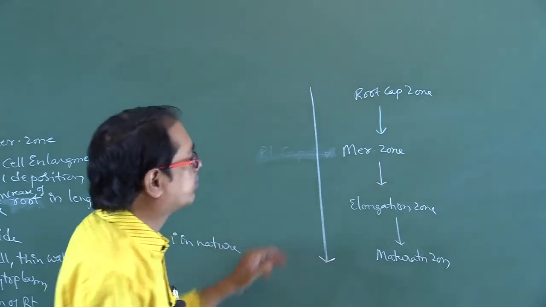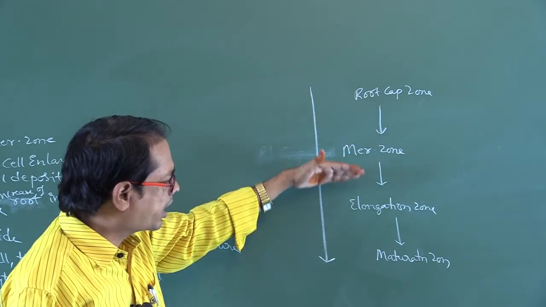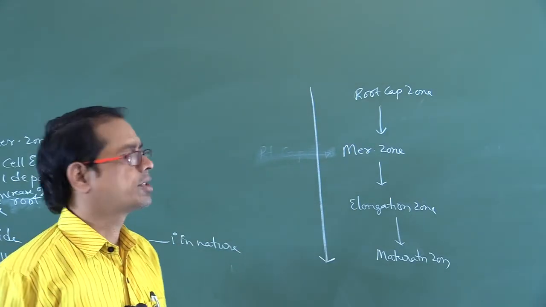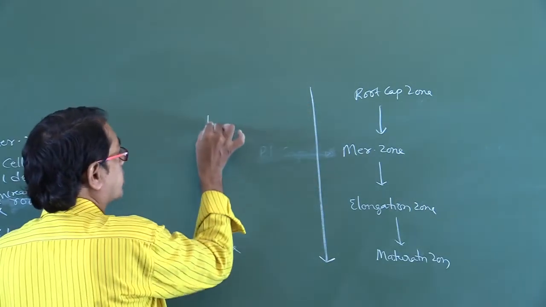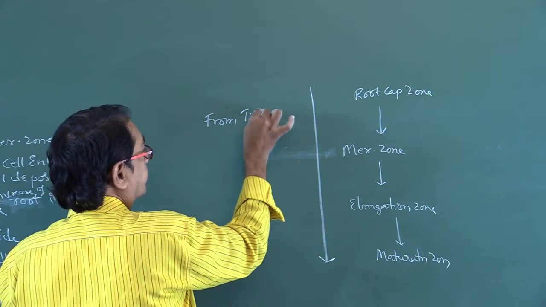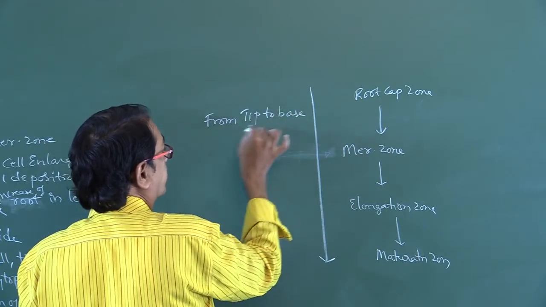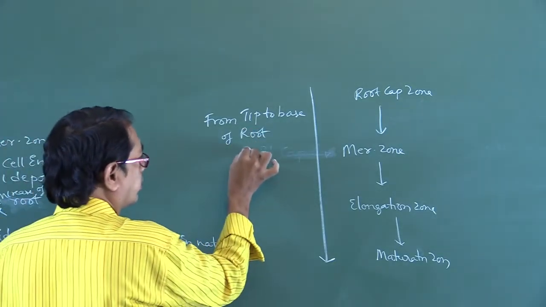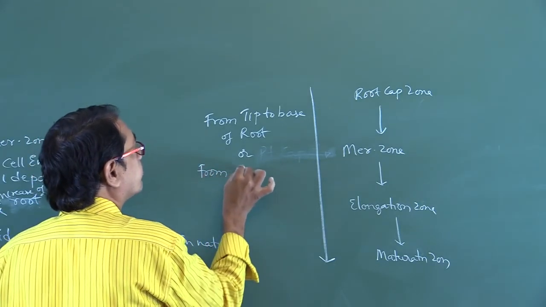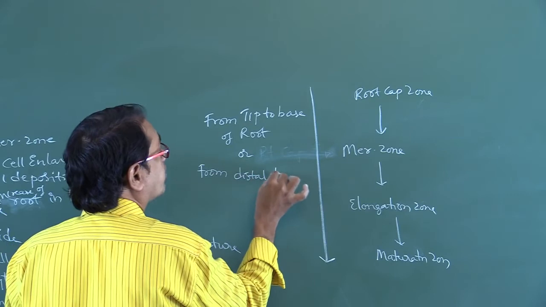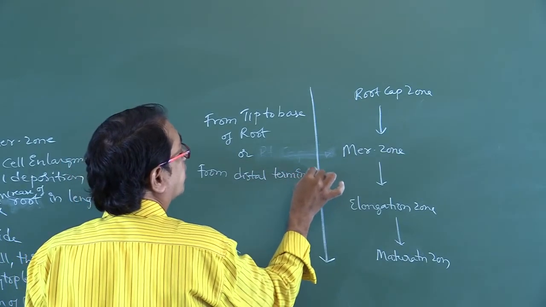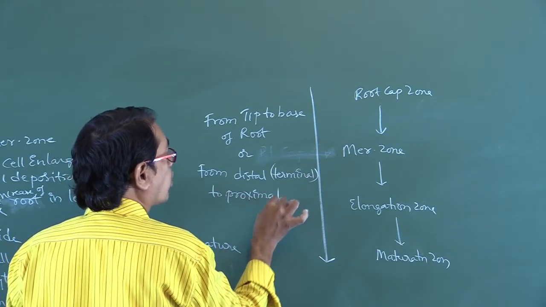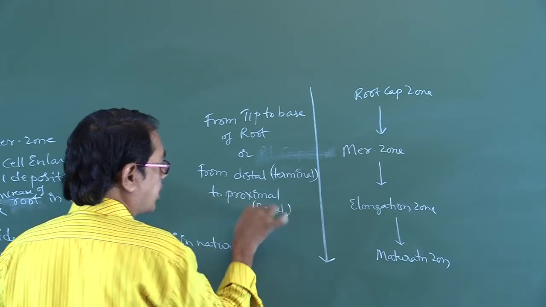Root cap zone, meristematic zone, elongation zone, and maturation zone: this is from tip to base of the root, or from distal, meaning terminal, to proximal, meaning basal.